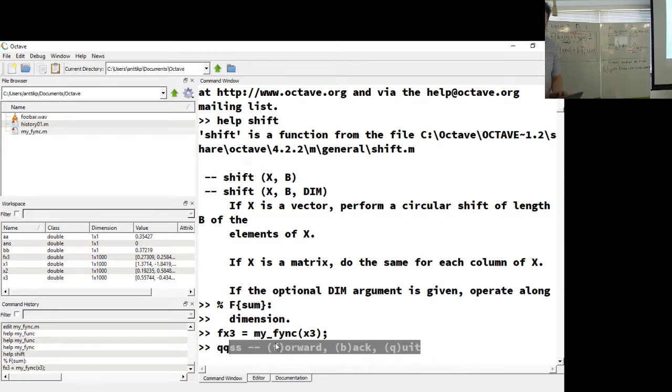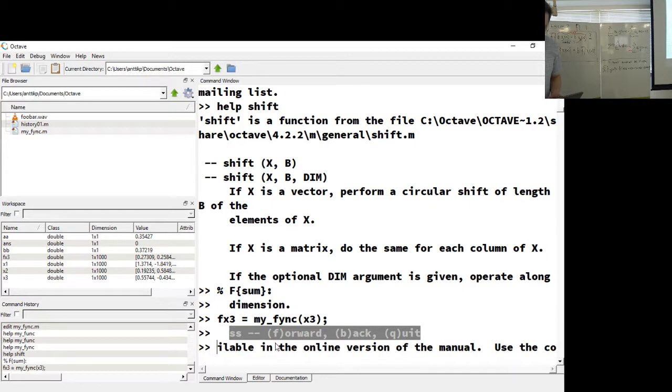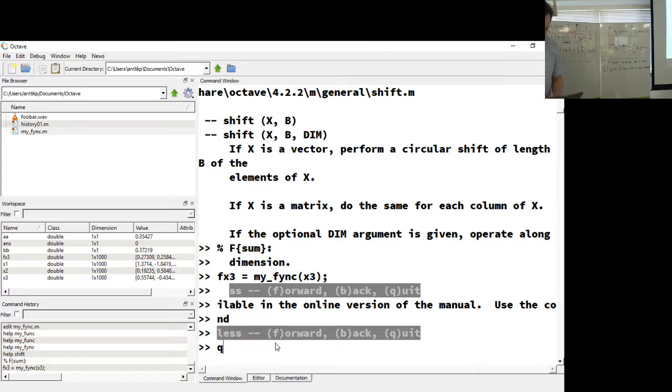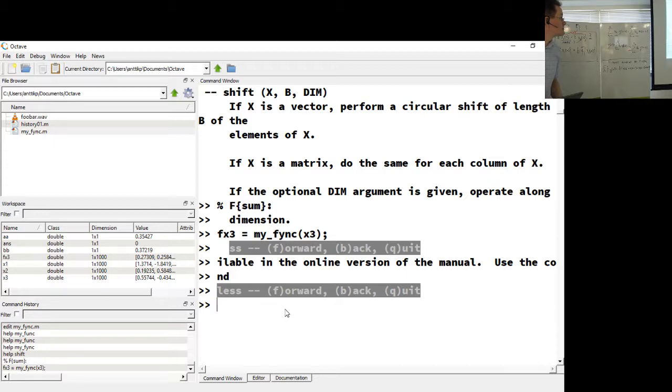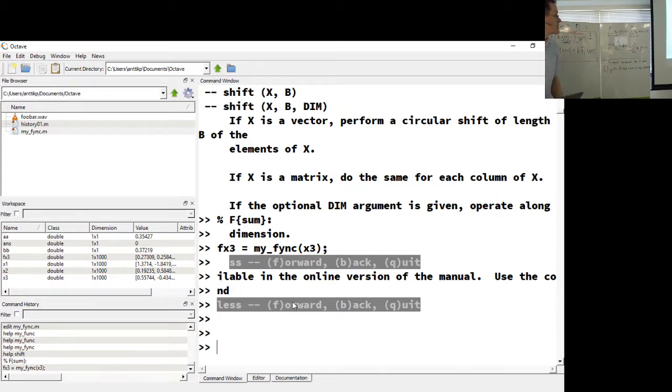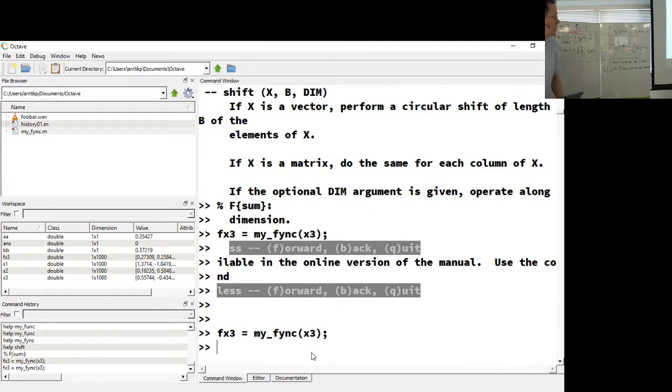Oh, I see. Okay, now it works. So basically it was still in some other mode. Now I calculated fx3, which is the system output for the summed input. That one, done.